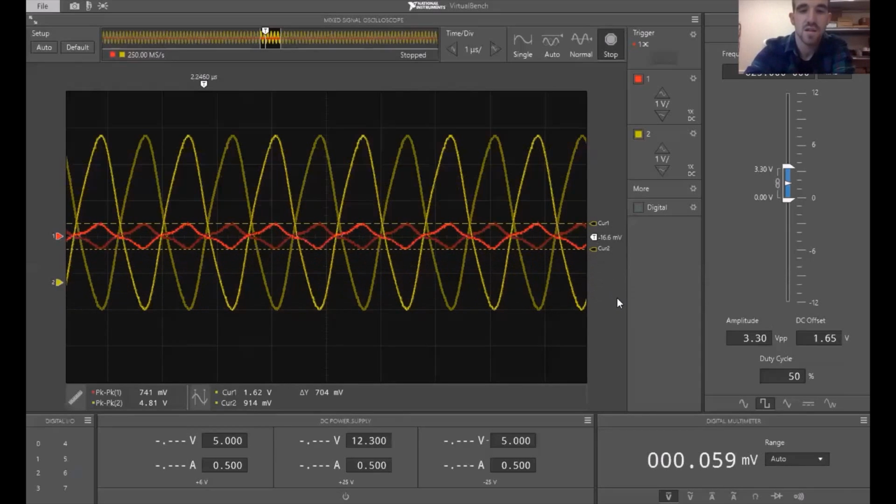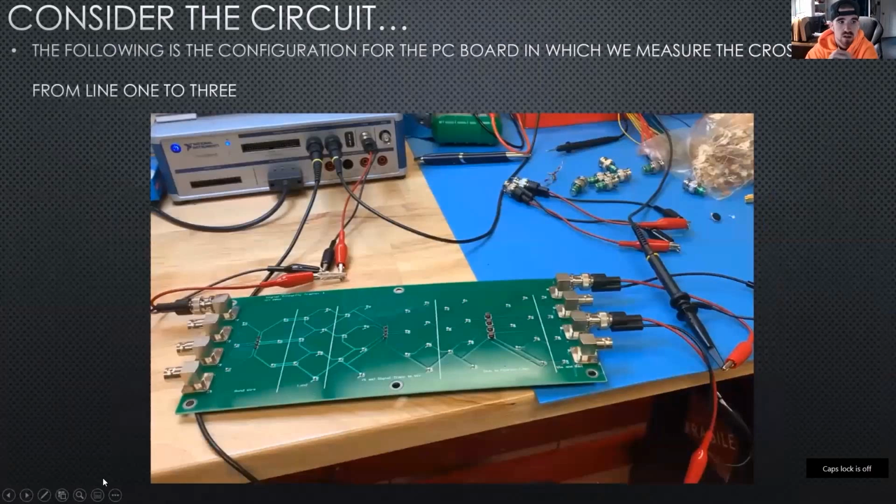So therefore, I get a difference of 704 millivolts, which basically tells me that due to the capacitive coupling and the inductive coupling in the circuit, this is causing noise to decrease the voltage peak to peak of line 2.